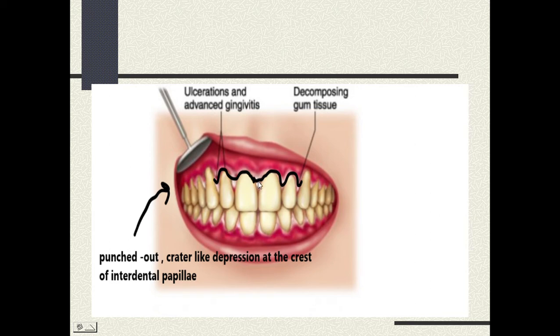See, in this interdental area the punched out lesion is there, and because of this there is a flat architecture of the gingiva, and over this you can draw a white structure in order to show the decomposition of the gum tissue. So this is a diagram showing necrotizing ulcerative gingivitis. Punched out crater-like depression is a characteristic feature, at the crest of interdental papillae.